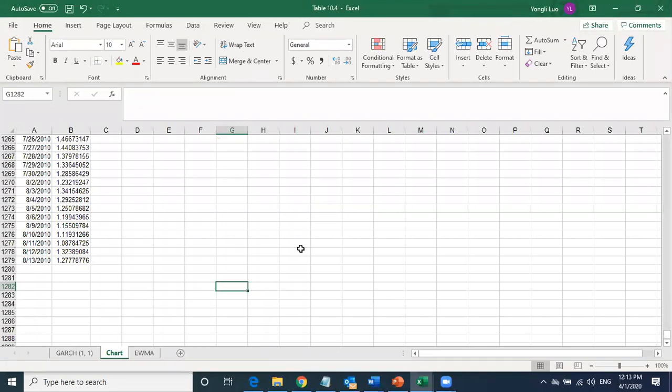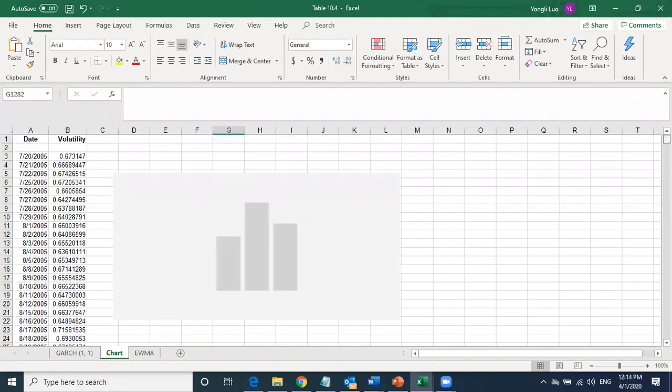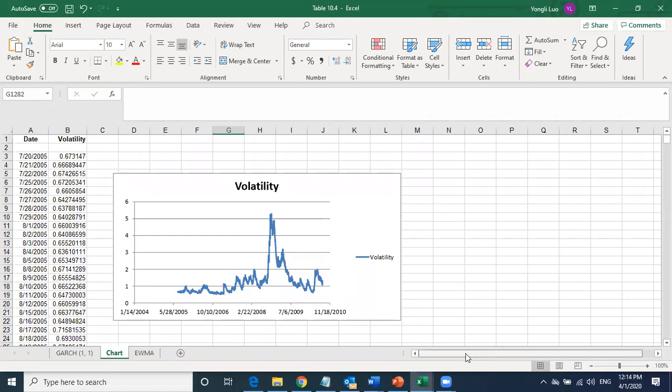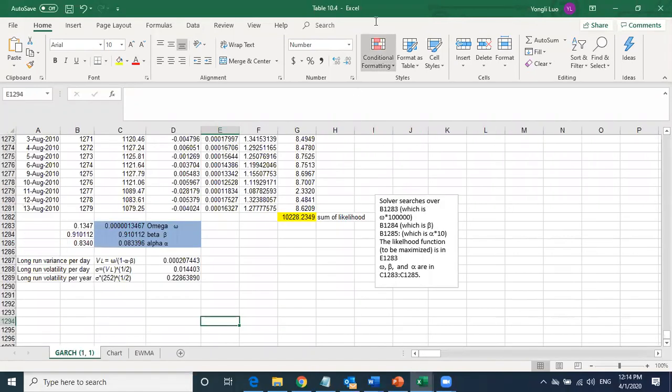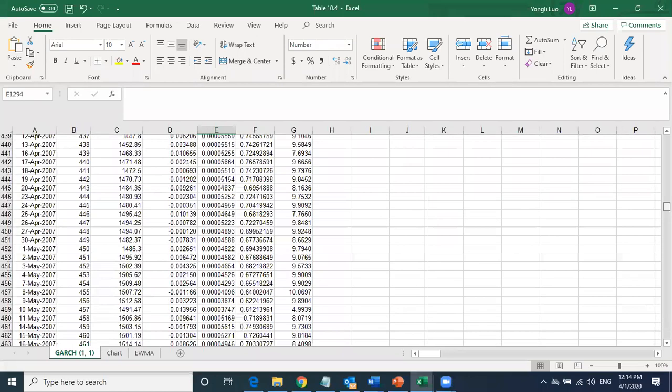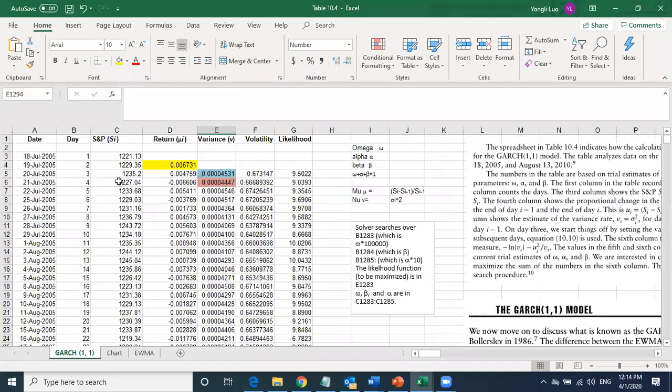Okay, we work on the S&P 500 index. This is the data we have.